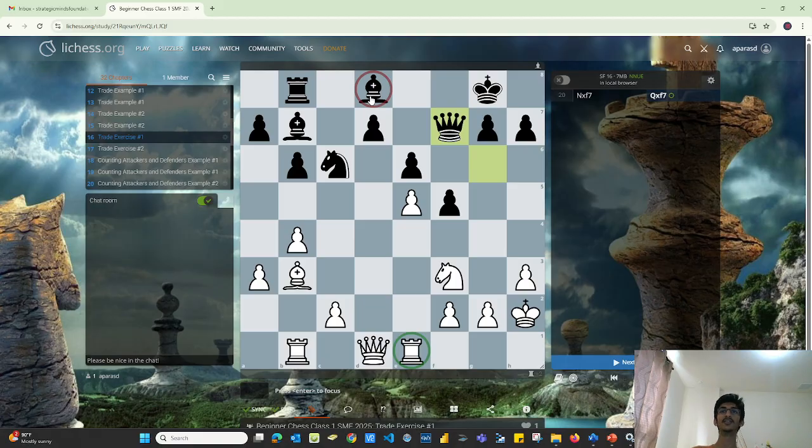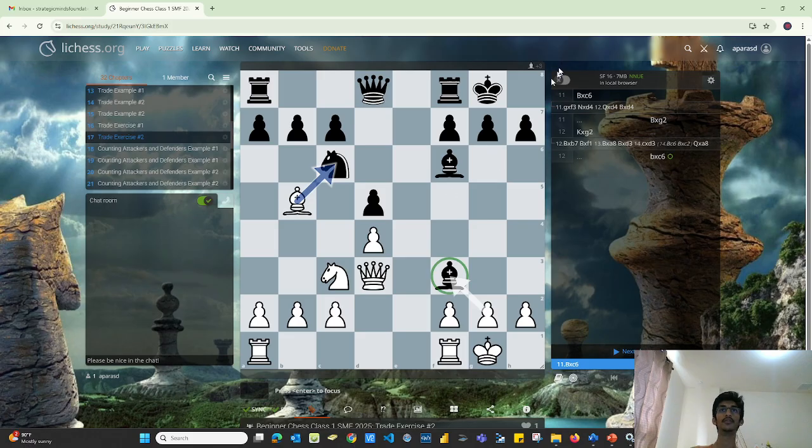So yeah, the word material is usually how you talk about it when someone is up or down some amount of points, and you can just say white is up 2 points of material. And if you don't want to say white has a rook for a bishop, then a shorter way to say that is just white is up 2 points of material. So yeah.